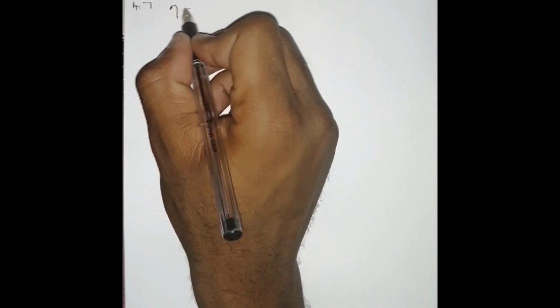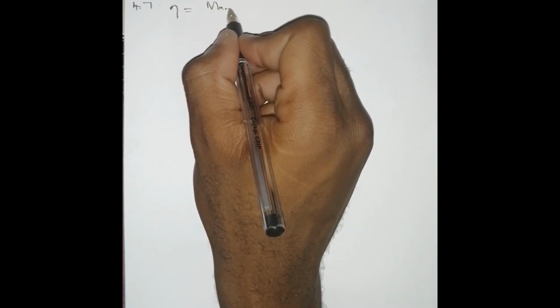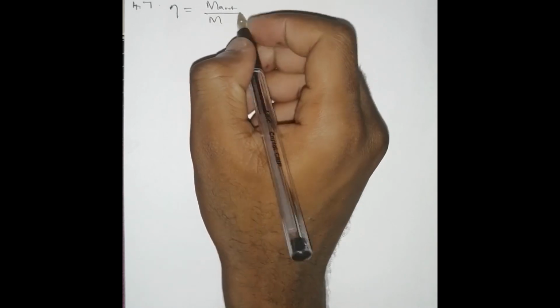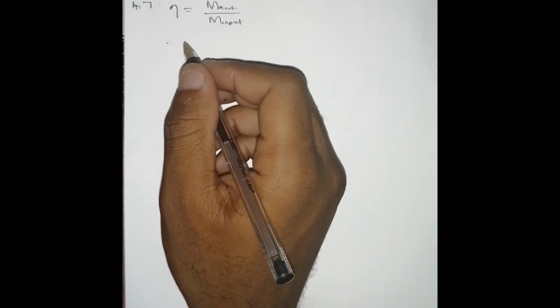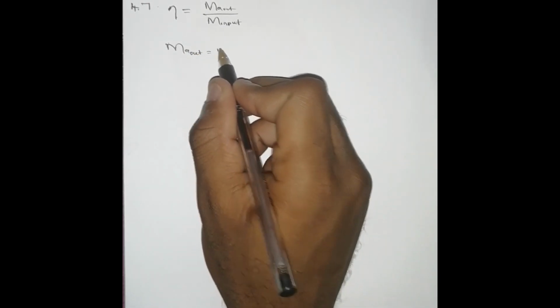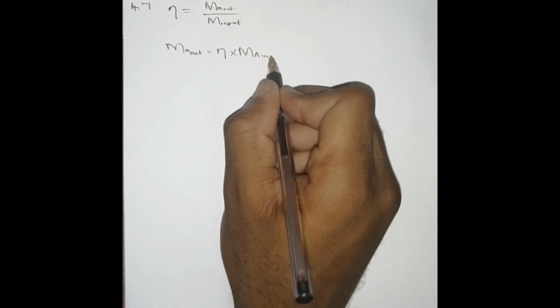4.7 says the actual mechanical advantage of the system. So we know efficiency equals mechanical advantage output over mechanical advantage input. So our actual mechanical advantage of the system, the mechanical advantage output, equals efficiency times mechanical advantage input.